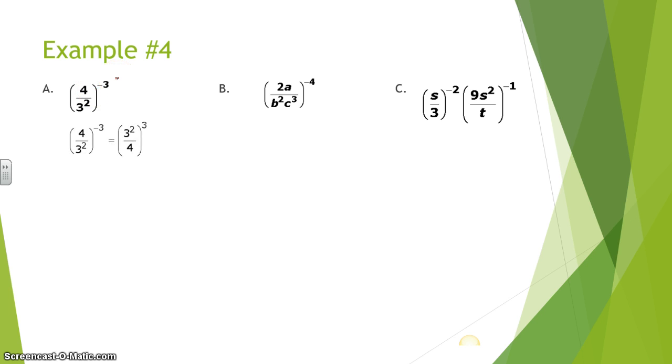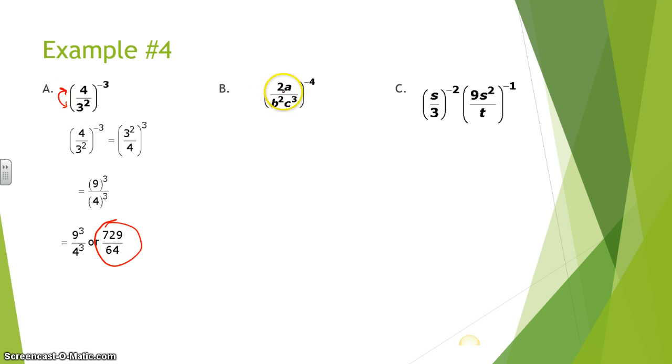We take the reciprocal, so we flip the fraction. So now we have 3 squared over 4 raised to the positive third power. Then we simplify this down. 3 squared is 9 to the third over 4 to the third, and we can take that a step further. 9 to the third is 729, 4 to the third is 64, and this will be my answer for A.